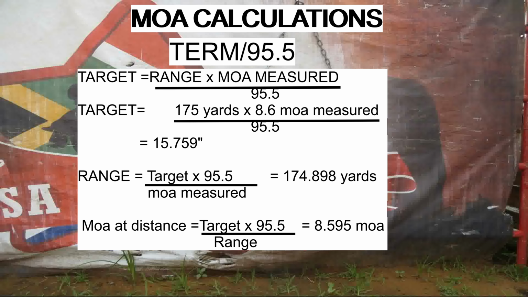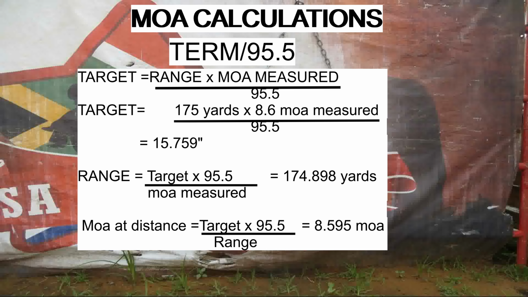Okay, the MOA calculations. We're going to be using the same gong for the MOA. One thing to note is 95.5. If you're going to be using 100, I've seen that, then you are actually using shooter's MOA. 95.5 is what you should use to include the true MOA in the calculations.